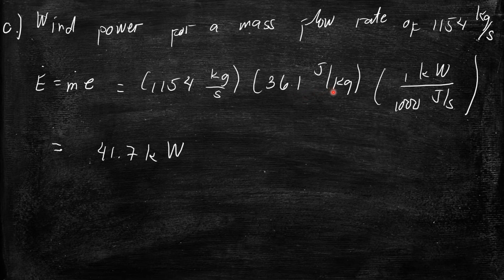And if we need to convert this into kilowatts, in 1 kilowatt we have 1,000 joule per second. So cancel the seconds, the joule, and the kilogram. So we have 41.7 kilowatts.